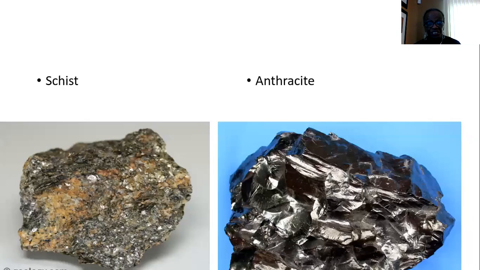And then here's schist, foliated texture, and it could have been slate, which was a metamorphic rock that was formed when shale, the sedimentary rock, underwent metamorphosis. And then anthracite, which is hard coal. And anthracite, before it became hard coal, was bituminous, a soft coal, which is an example of a sedimentary rock.